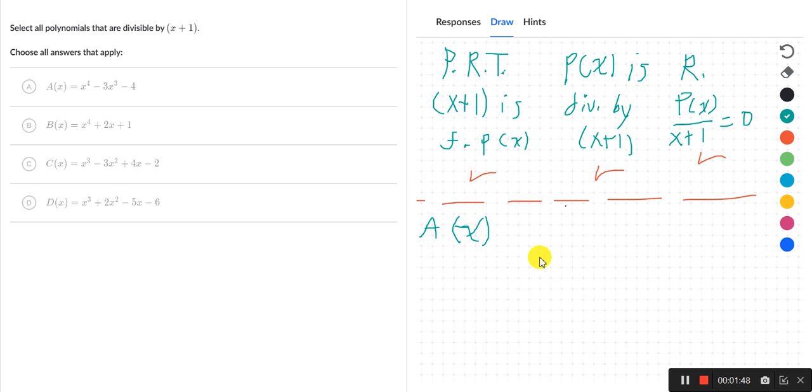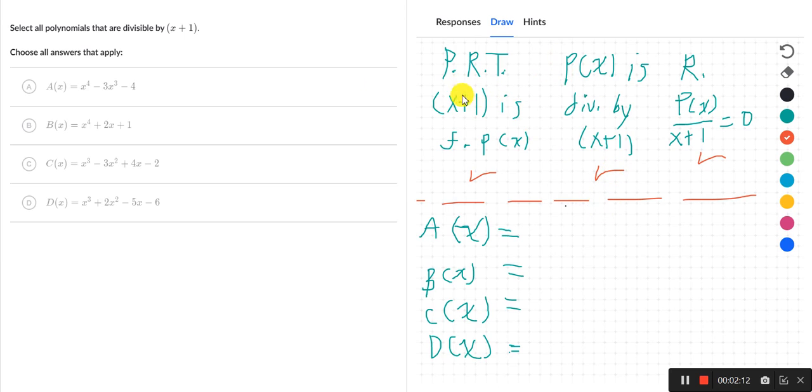Okay, so let's write our polynomials here. B, C of x, and finally d of x. Okay, so for the first one, remembering what we did yesterday, I hope you remember that part.